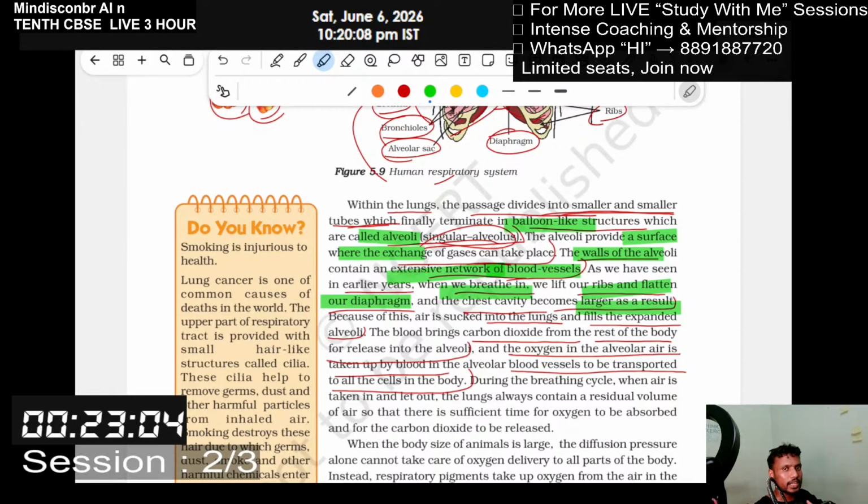And when we exhale, the opposite occurs. That is, when we exhale, our diaphragm will be a dome-shaped structure. Also, the ribs will move inward and downward. It will collapse a little, and also our chest cavity or lung cavity will shorten.